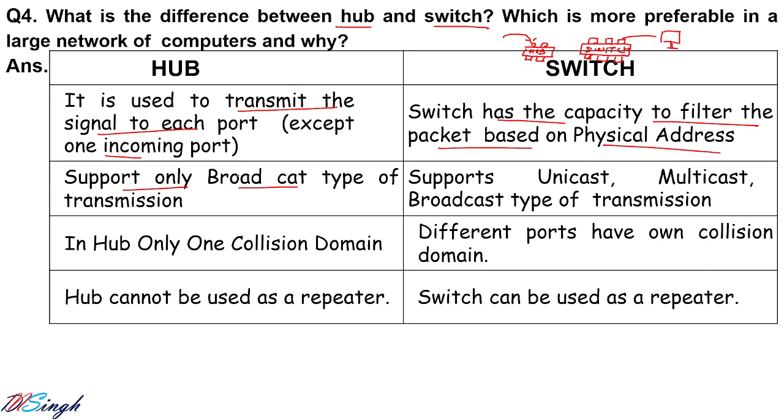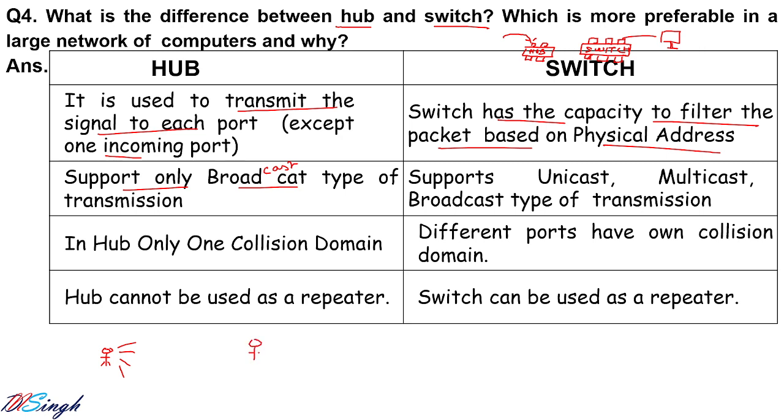broadcast type of transmission. It should be written like that, because we are taking input from one port and relaying it to all other outgoing links. So this is called what? Broadcast. You are the speaker and you are broadcasting to everyone, like FM radio broadcasting or Akashvani broadcasting.